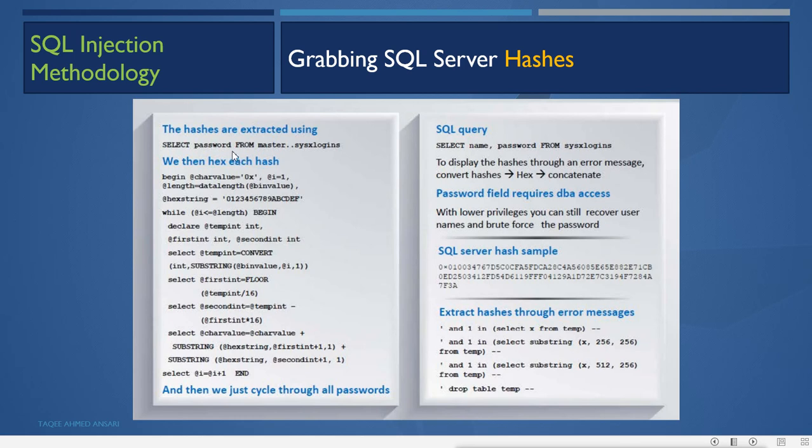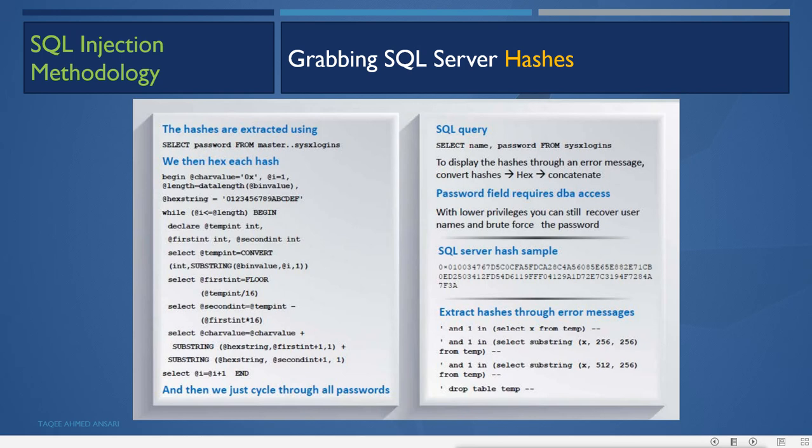So the hashes are extracted using simple queries like select password from master..sysxlogins. Then hex each hash, so begin this character, and what will this query do? It will hex each hash.